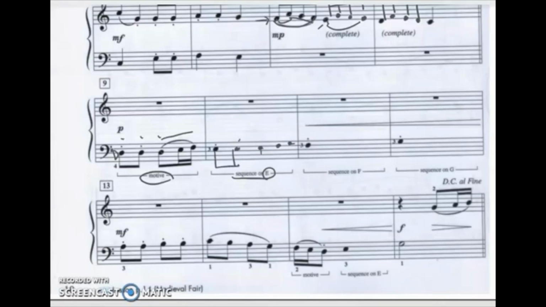Okay, E, E, E, F, G. Okay, and don't forget the articulations. And then sequence on F, it's the same thing, right? 1, 2, 3, same notes, and stepping up.